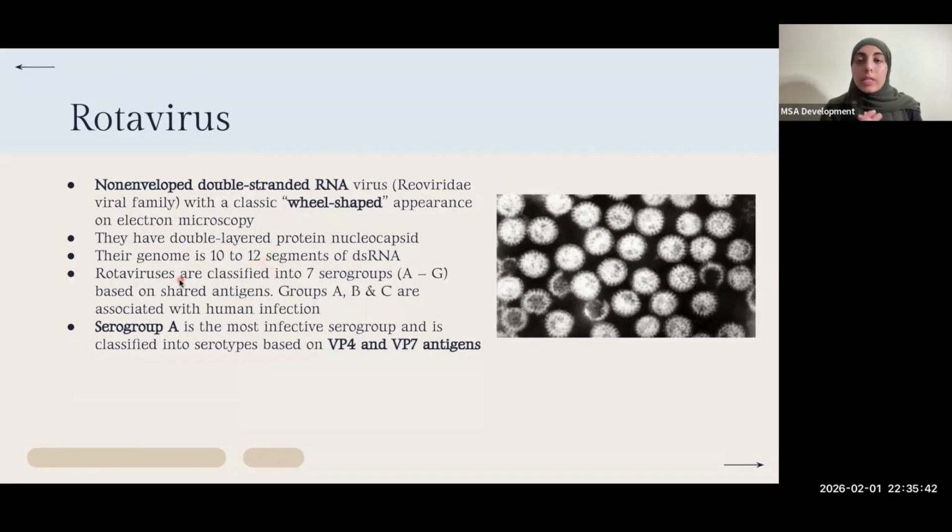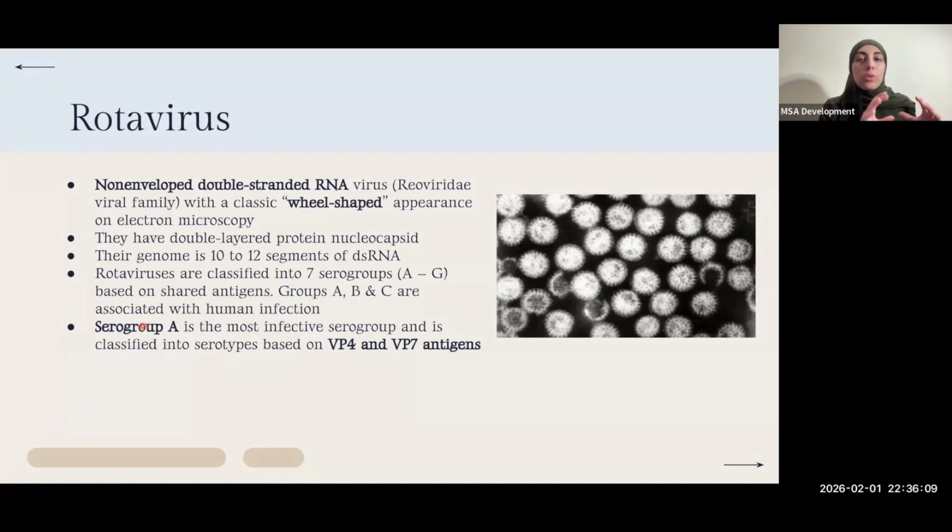We classify rotavirus into serogroups. We have 7 serogroups, and the main ones that you should know that are related to human infections are groups A, B, and C. The most infective one is serogroup A, and we divide this serogroup A into serotypes. Okay, so rotavirus is divided into serogroups. These serogroups are A, B, C, D, whatever.